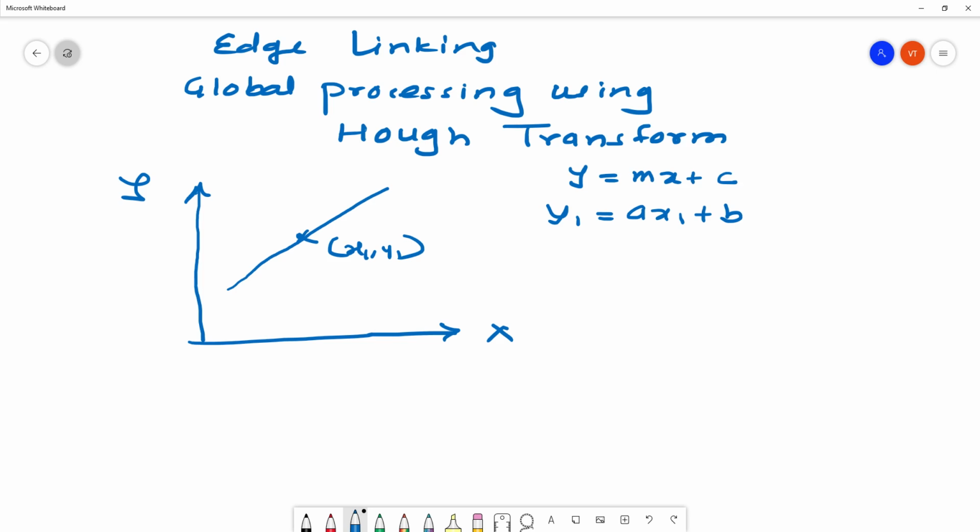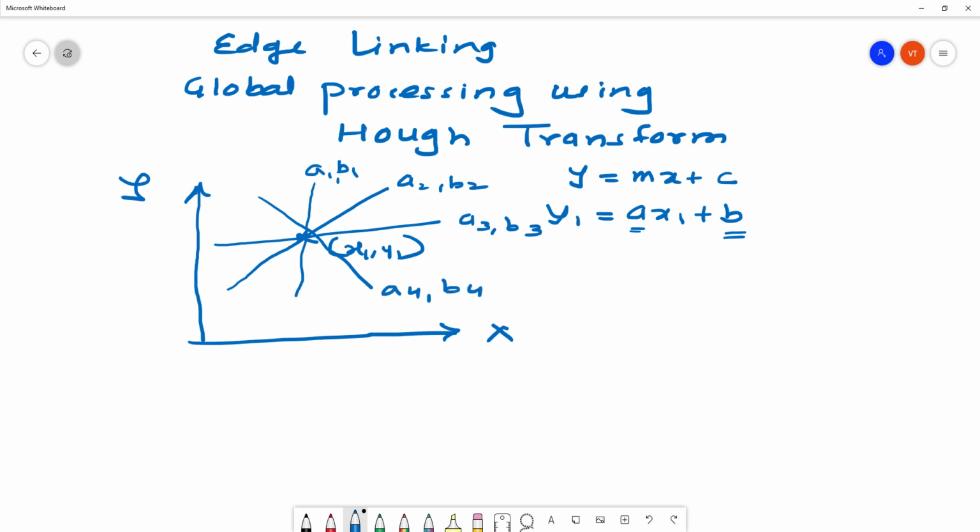Using this equation and varying the values of a and b, we can plot various lines passing through the point x1, y1. I can plot a line like this, and like this, with different slopes and different values of a and b: a1, b1, then a2, b2, then a3, b3, a4, b4, and so on.